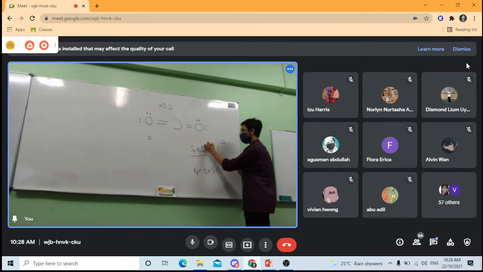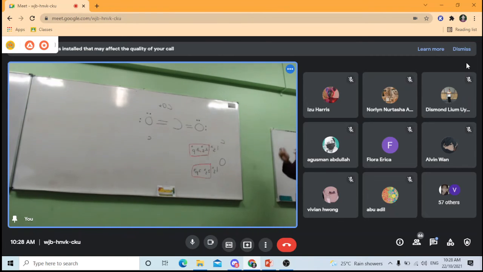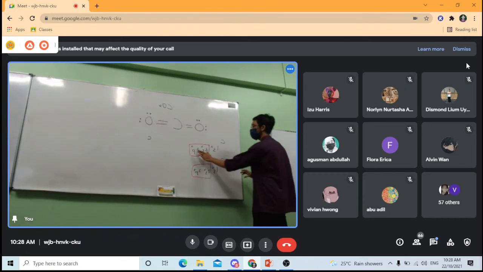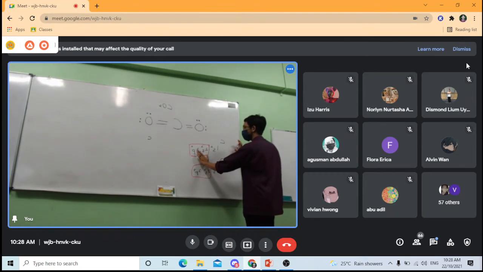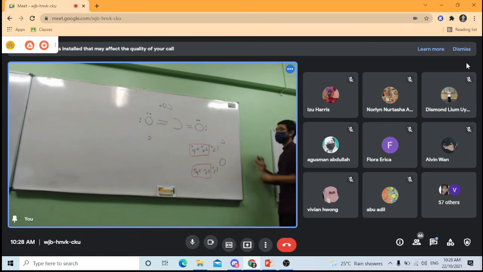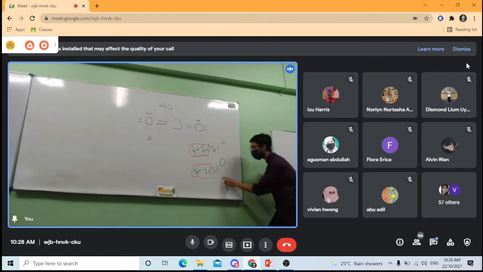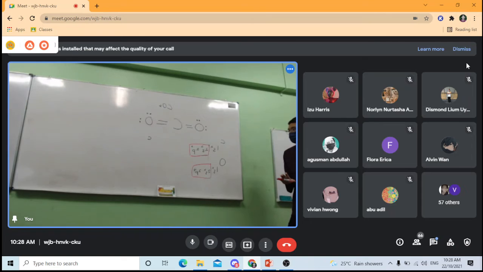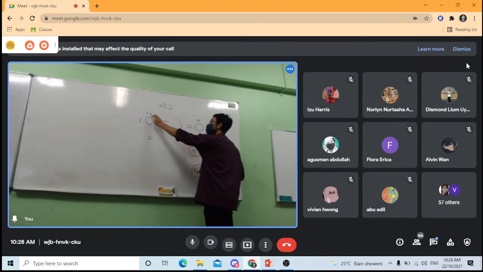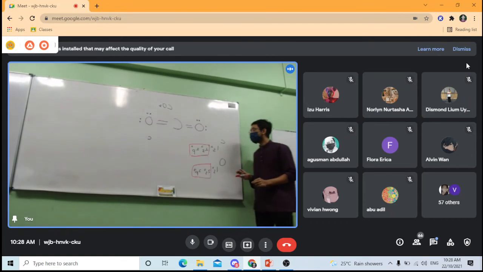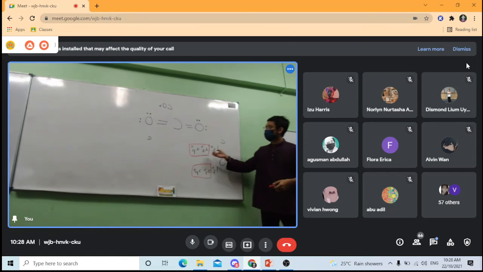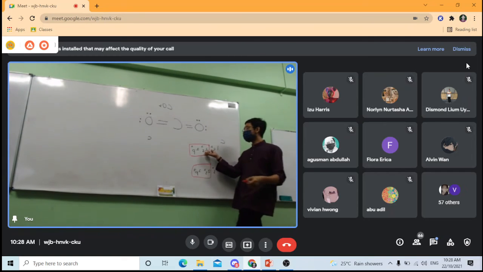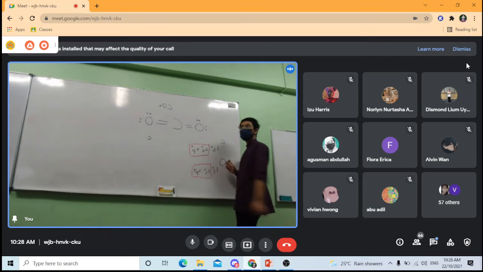So this is in your valence shell. Same as here. So carbon, we have 4 valence electrons, and oxygen we have 6 valence electrons, which is with 2 lone pairs. Okay, so the orbital yang involved here is 2s and 2p.